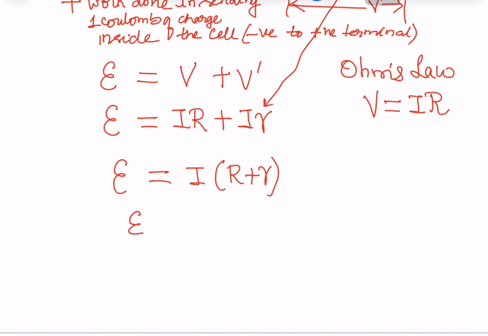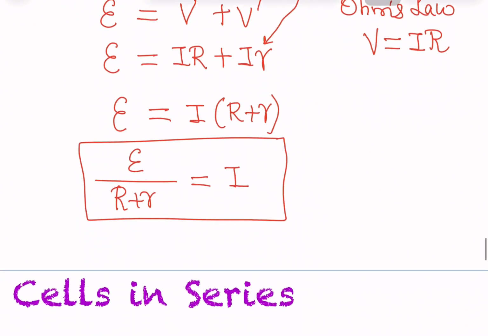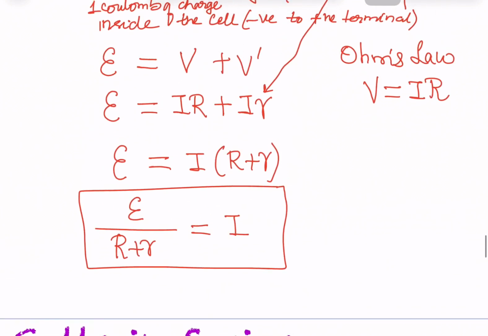Even though we write epsilon, we read it as E, or simply we call it the EMF of the cell. EMF of the cell divided by R plus r. So that is the expression for current in the external circuit. This we might have already learned in the previous classes.